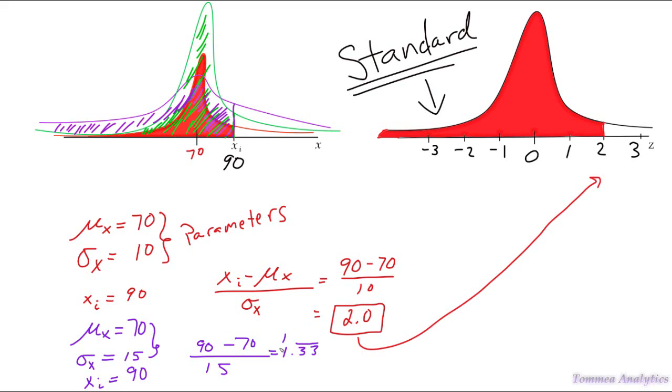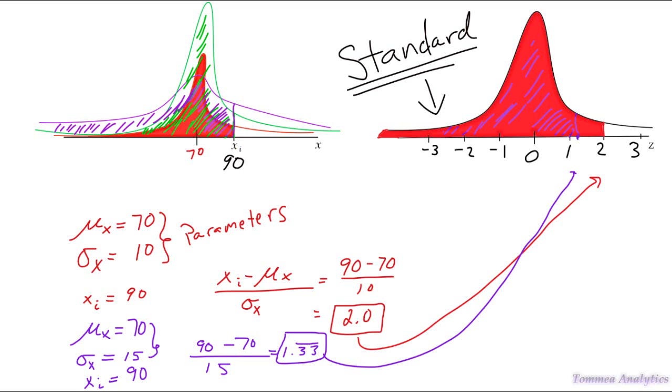Taking that z-score over here, it's going to fall approximately right there, and all of the area to the left of that 1.33 repeating, I'm just approximating here, that is the same amount of area that lies to the left of the observed value of 90 over here in this distribution.